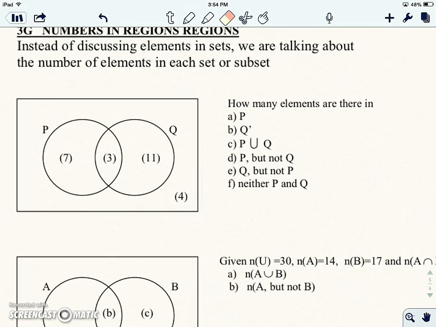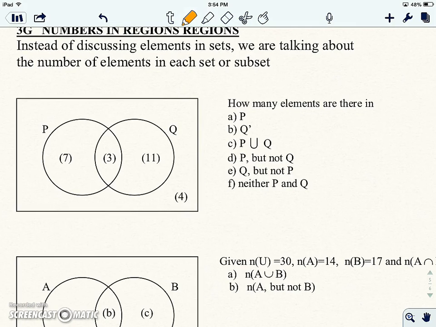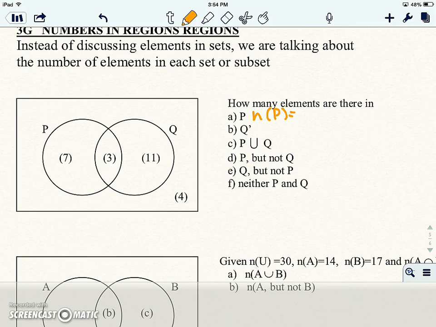How many elements are there in P? Well, we're just asking some questions. In P, there are 7 plus 3, or 10. Okay. How about Q? Well, Q complement is everything that's not in Q, so it would be this one and this one.